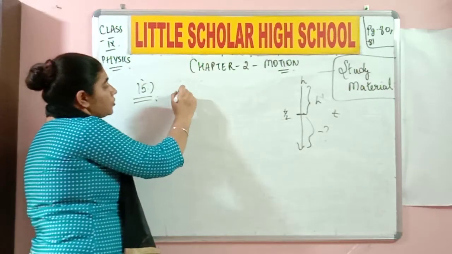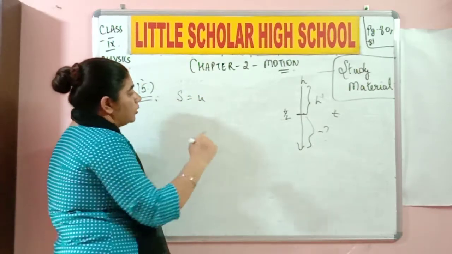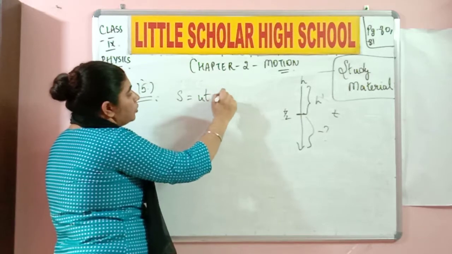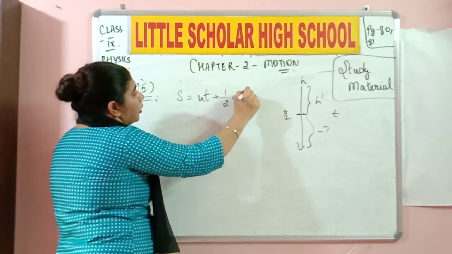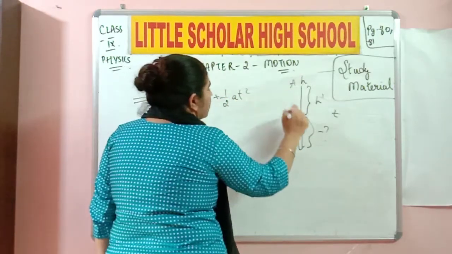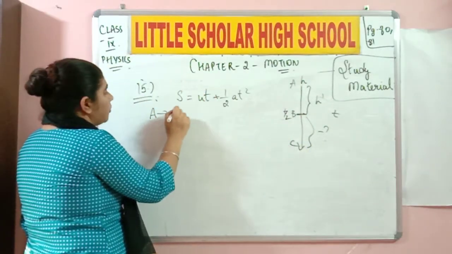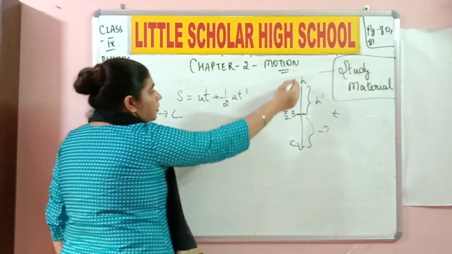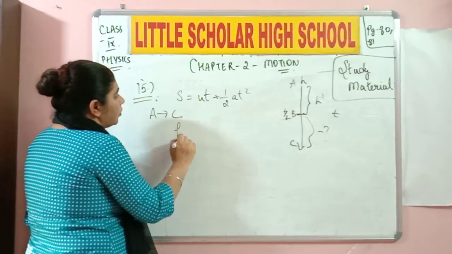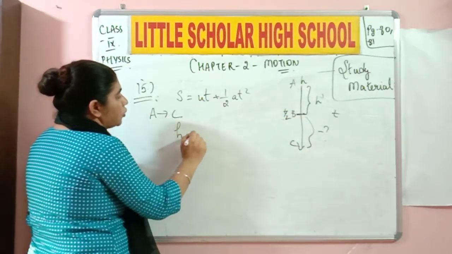We are going to use one of the equations of motion, s is equal to ut plus half at square. If this was point A, this was point B and this was point C, then to reach from point A to point C, the distance covered was nothing but the entire height. So s can be written as h over here.